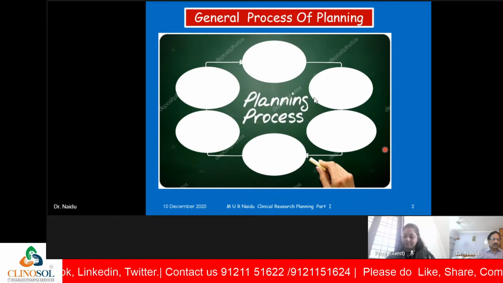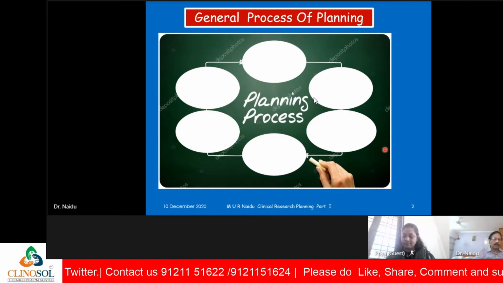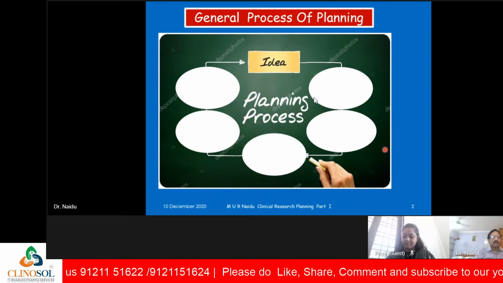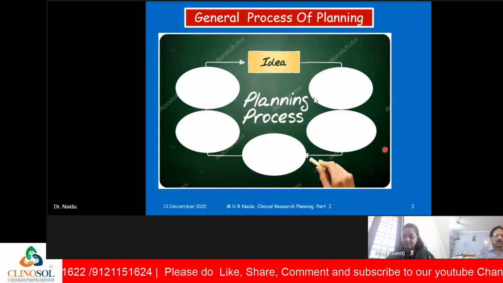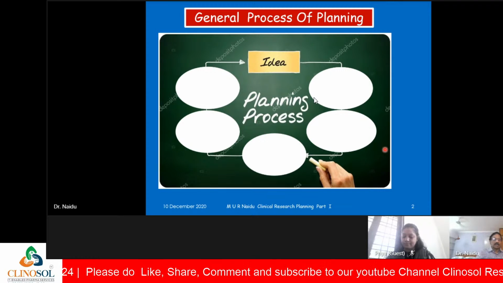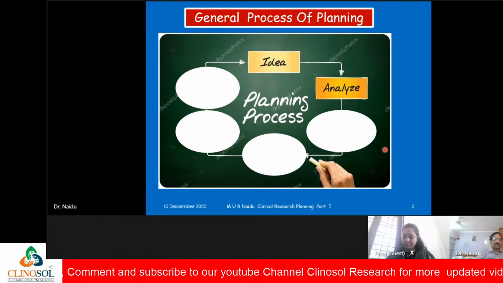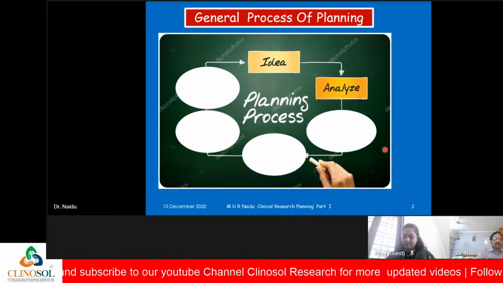So what is the planning process which is generally adopted? First, the idea: you want to travel, whether to a hill station or to a national park to see wild animals. So you should have an idea. Then you should analyze: which hill station is very good.